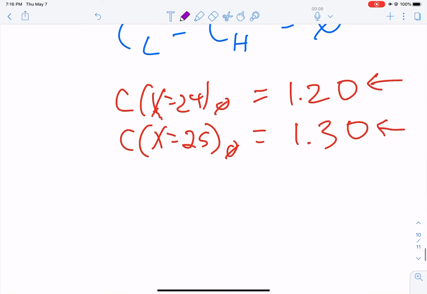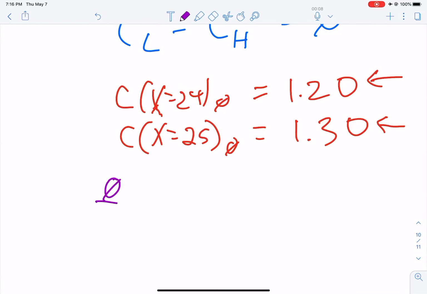When you saw those prices at date 0, you would, of course, sell what's overpriced and buy what's underpriced. The 25 strike call appears to be overpriced relative to the 24 strike call. So we'll sell one call with an exercise price of 25, and we'll ignore the bid-ask spreads and just assume 130 is the price.